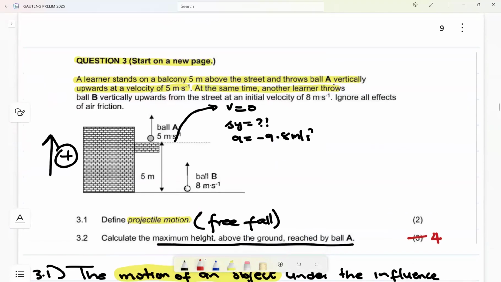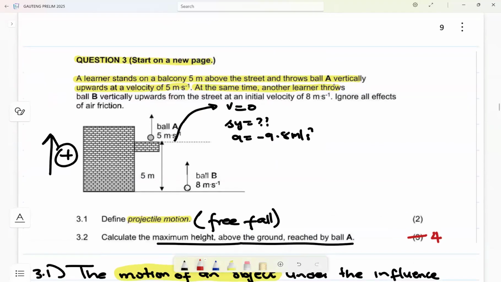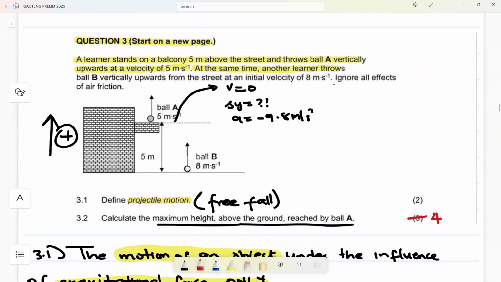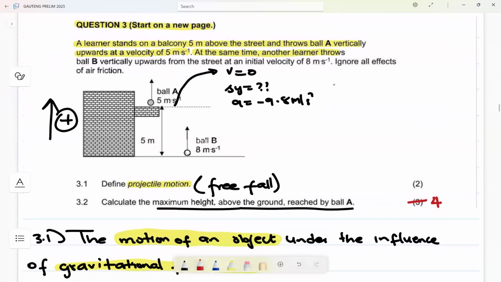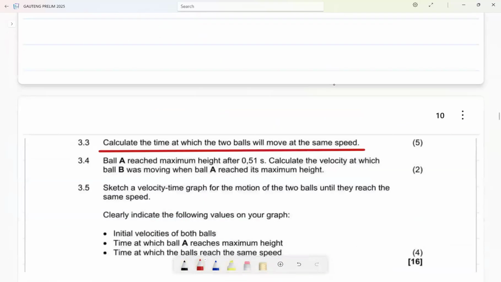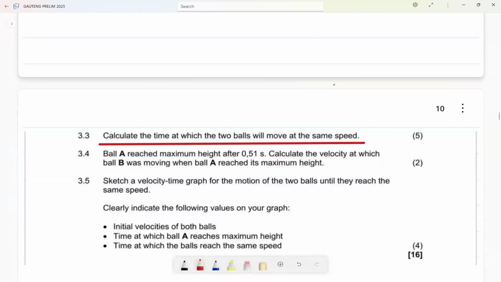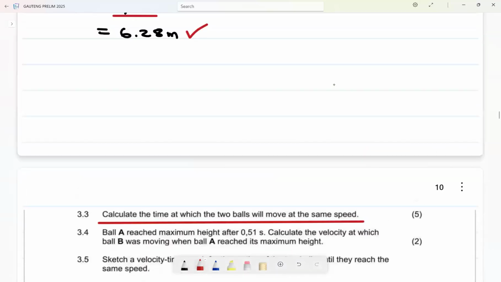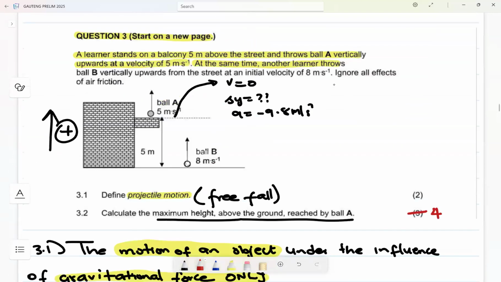No, we are not told that they reach the ground at the same time, and they do not meet somewhere. I think this question is unfair because there is no information where they will meet. Okay, let me see.